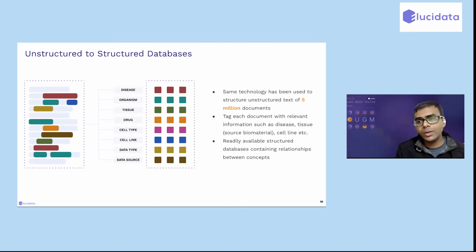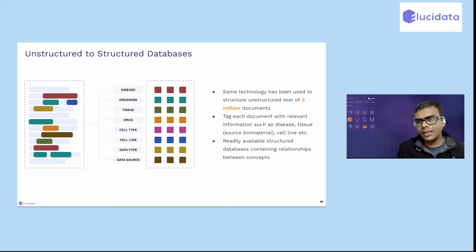On the same note, you can also use just this metadata to get structured databases. So basically curate a lot of these unstructured documents to find relationships between these entities and create databases with relationships among these different concepts like tissue, cell line, disease, etc. Even concepts which are harder to curate, let's say some kind of patient adverse reaction, are also doable, and you can create these databases, and those can then be queried by your organization.